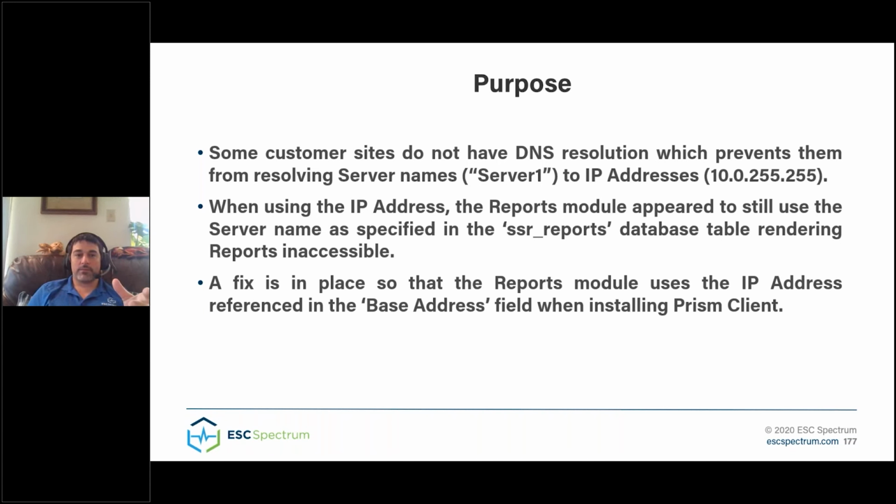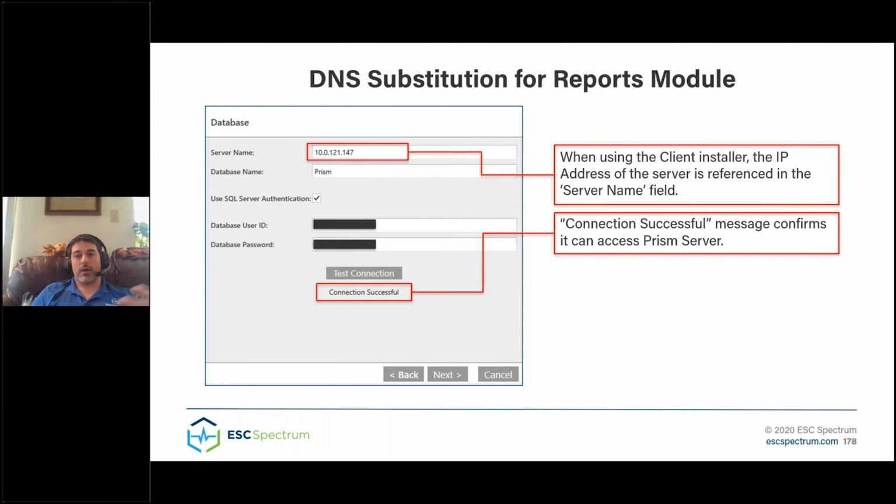But some places don't support that, and we ran into issues where the reports, because of that, wouldn't run. There would be confusion about which of these addresses it's actually using. So now we upgraded it so that that does work.